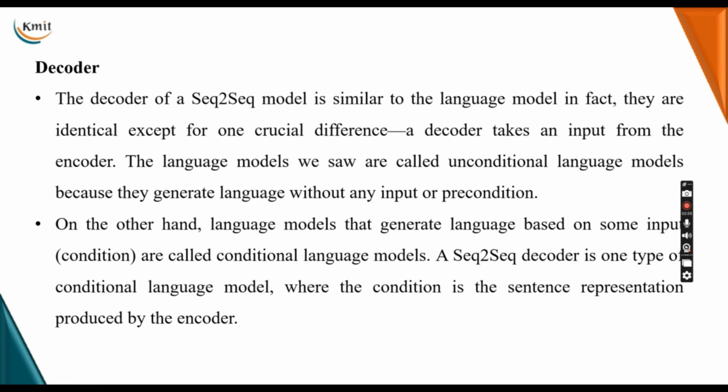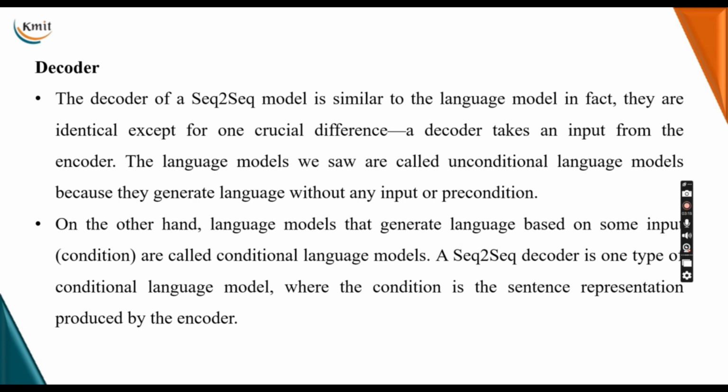Now when I talk about the decoder, the decoder of the sequence to sequence model is very similar to the language model. In fact, there is one difference. The decoder takes an input from the encoder, whereas for the language models that we have discussed earlier, we have no input given.